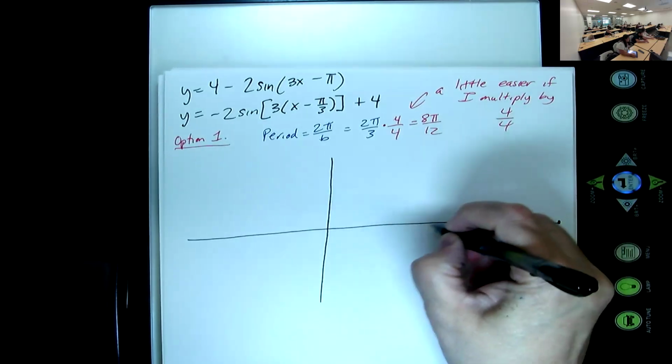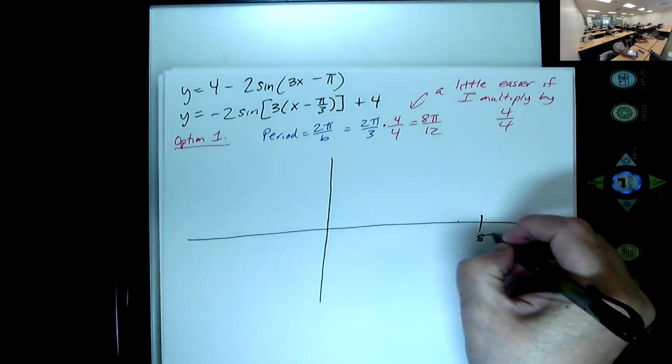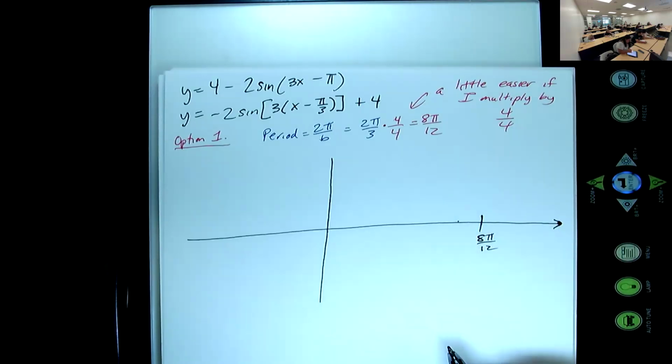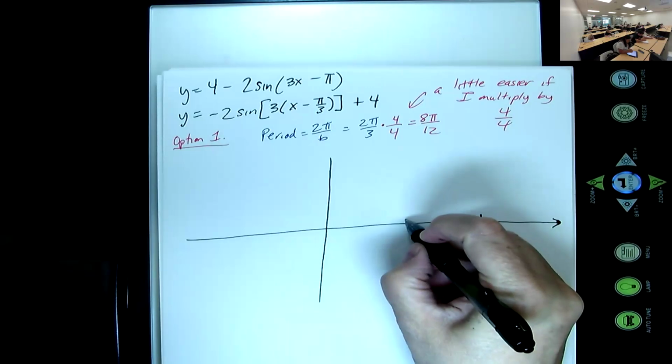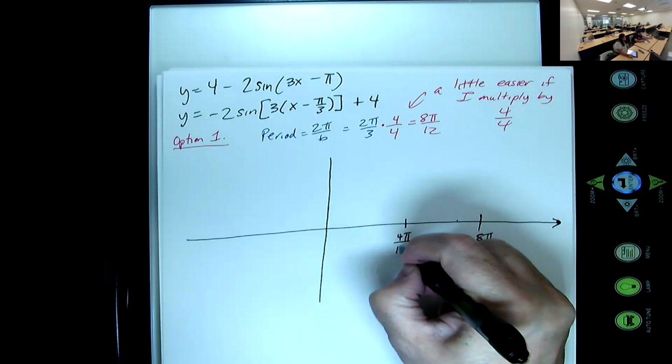So I'm just going to set my own axis here, this is going to be 8 pi over 12. And I will cut that in half. Dividing in half is 4 pi over 12.